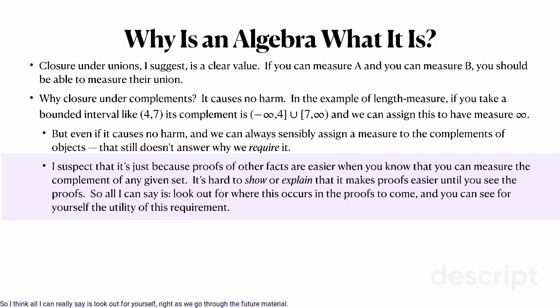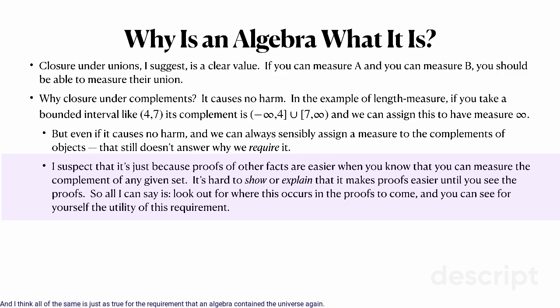So I think all I can really say is look out for yourself, right? As we go through the future material, look for it. If this concern is interesting to you, then just keep your eyes peeled, notice when it comes up, and wonder, well, if we didn't have this requirement, how much of the theory of measurement and integration would suffer, because we can't prove this theorem, or at least it would be much harder to prove some given theorem.